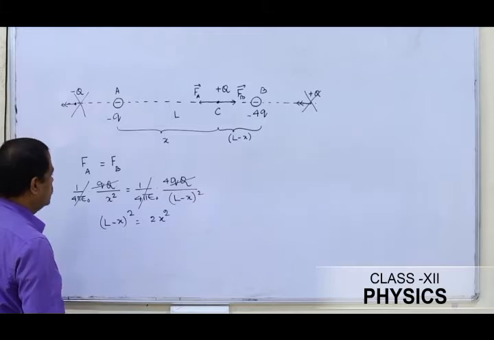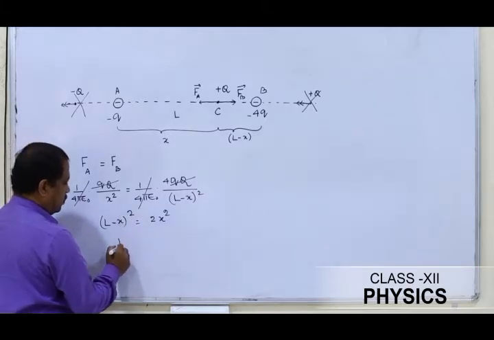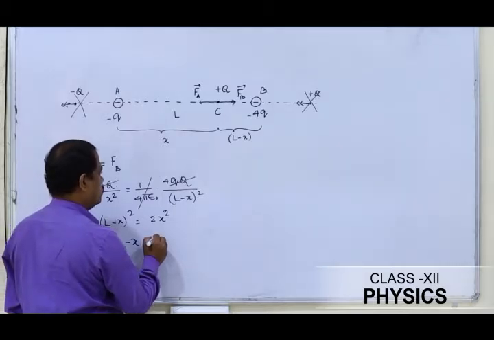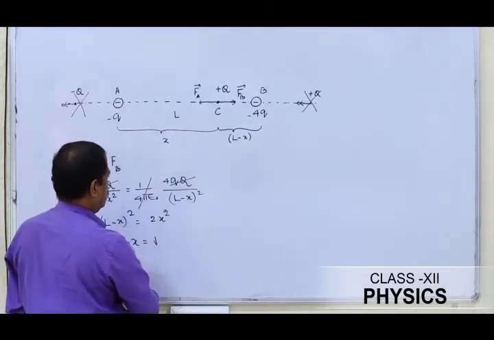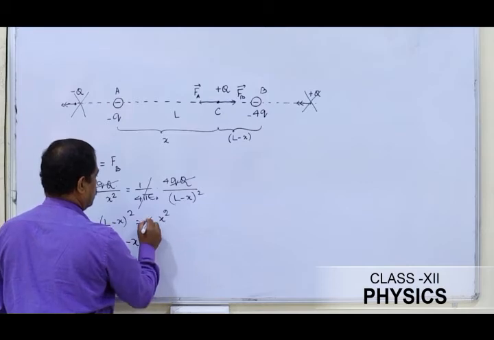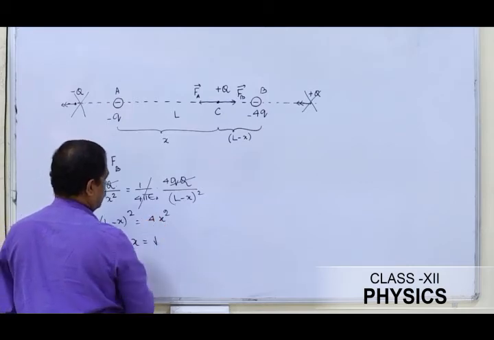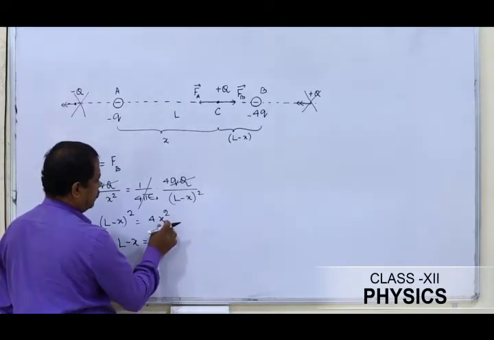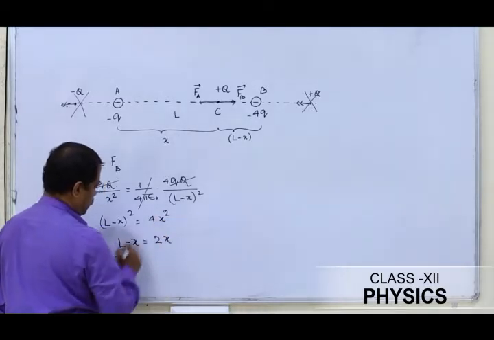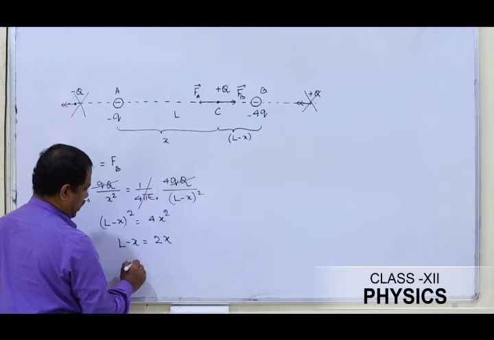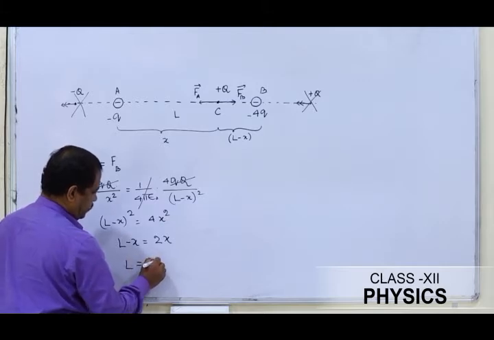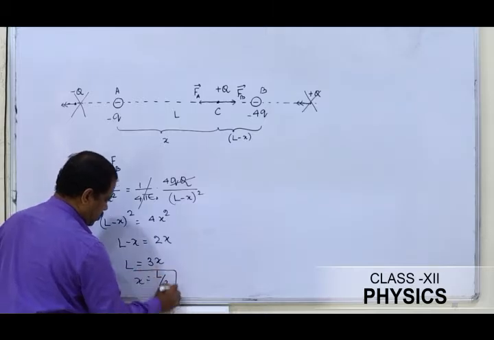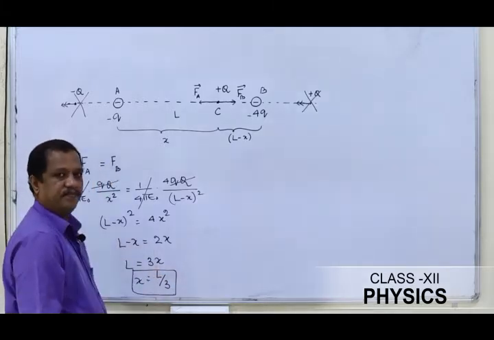Otherwise, taking square root on both sides, we have L minus x is equal to 2 times x, otherwise L is equal to 3x, otherwise x happens to be L by 3. So this is the position.